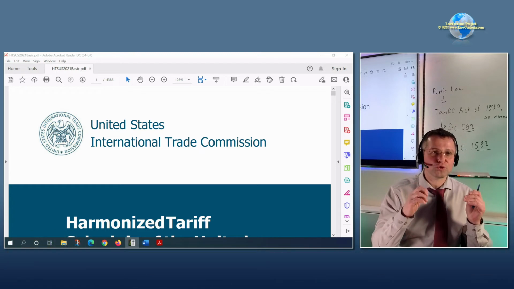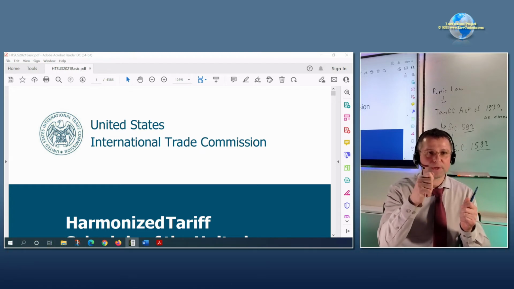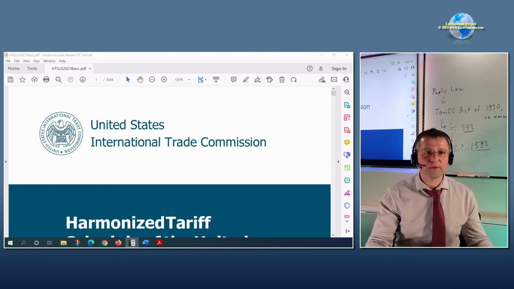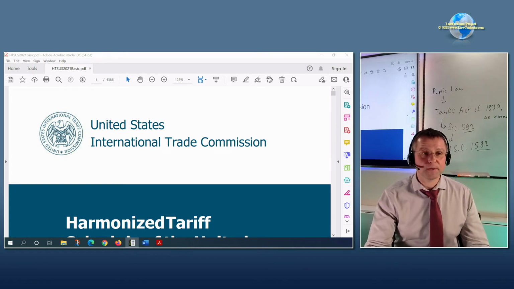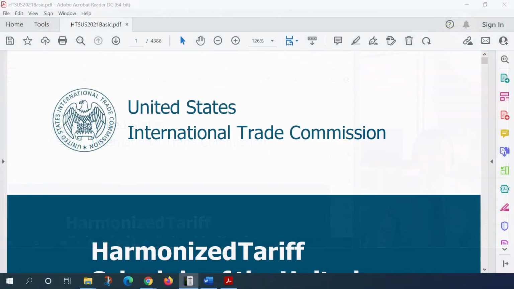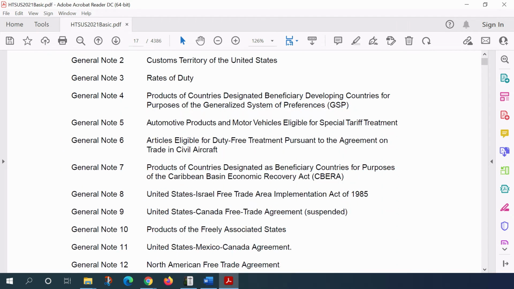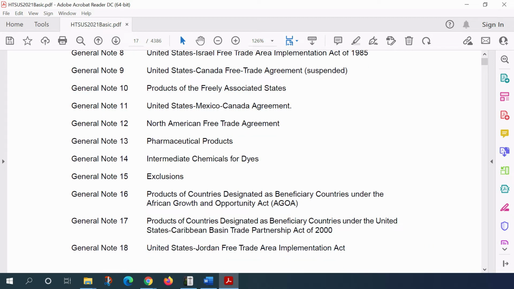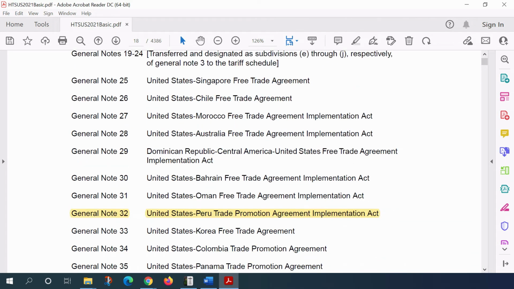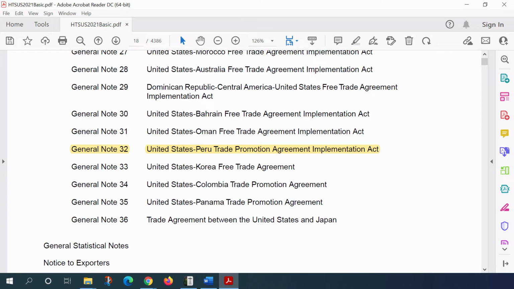What I would encourage you to do is to create tabs, like stickies, to find the relevant information. Key relevant information for the free trade agreements would be page 17, which provides the table of contents. The table of contents gives a general breakdown of what's where. So as we can see, the United States-Peru trade agreement is general note 32. That's page 17.